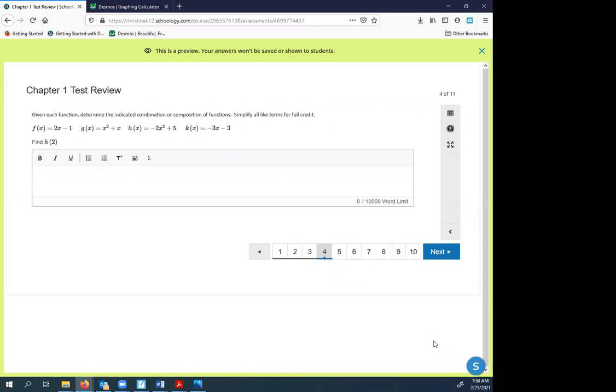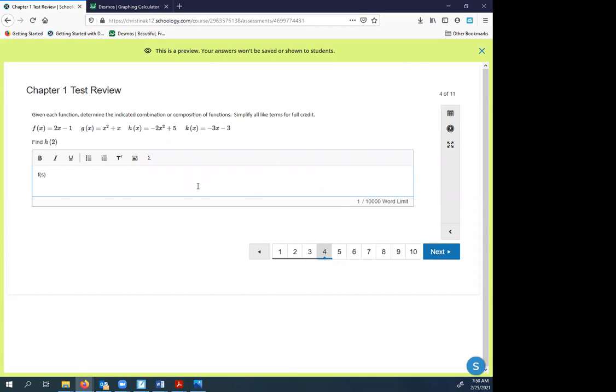Okay, so for this, I'm defining what f of x is, g of x, h of x, and k of x. So you've got 4 different equations. Make sure you read the letters closely to choose the right one. So h of 2, I'm just plugging 2 into this h equation.